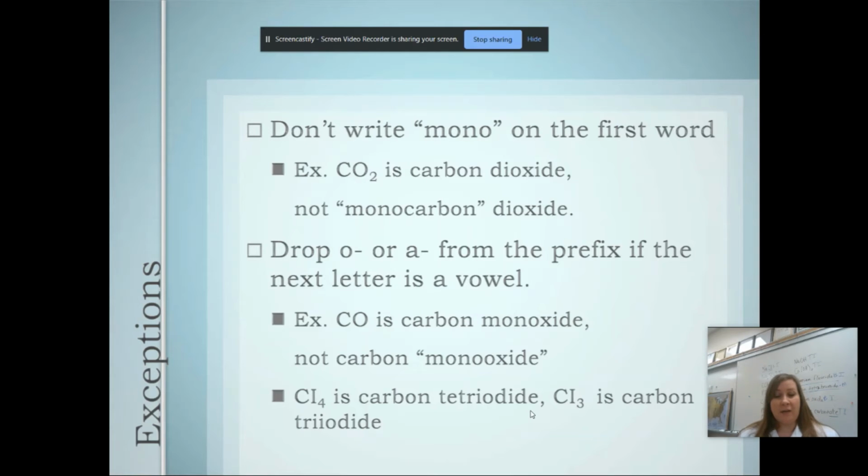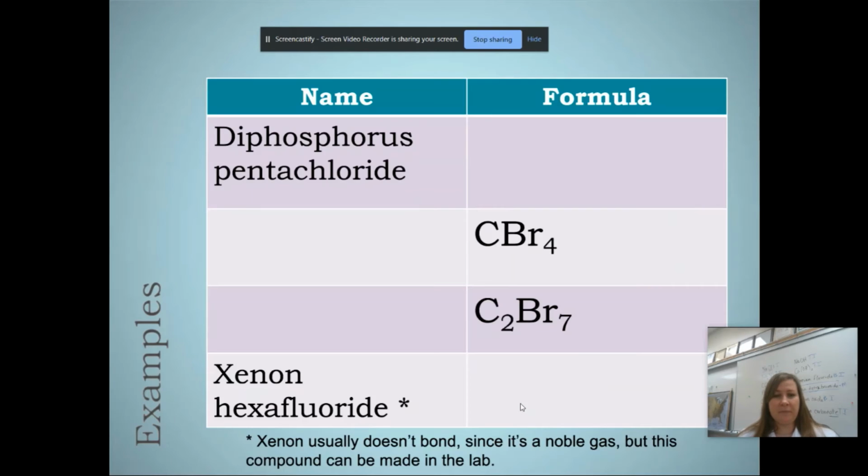But CI3, the prefix tri, doesn't end with an A or an O. So we keep the whole thing. We don't drop any letters. So CI3 is carbon triiodide, which looks and sounds funny, but that's the tradition. So we drop the O or the A from the prefix if the next letter is a vowel, A, E, I, O, or U, and we don't write mono on the first word.